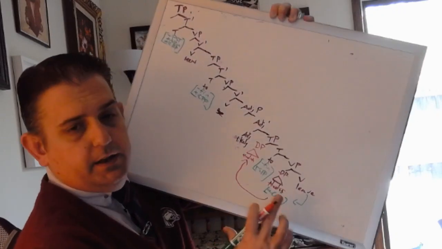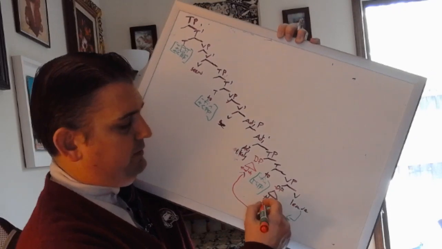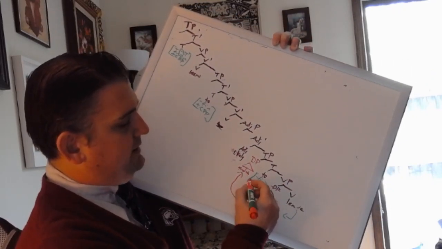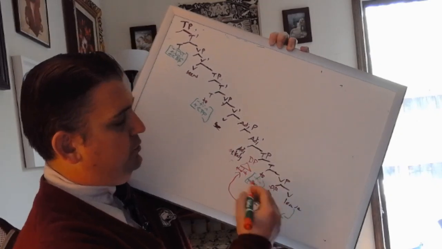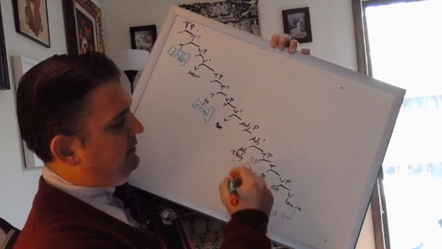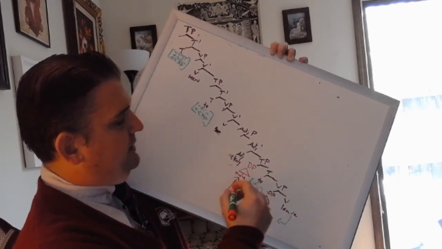And it carries with it all of the features that it has when it moves. It's going to satisfy the EPP feature of T by being here. So the fact that this specifier position is now full satisfies this EPP feature.